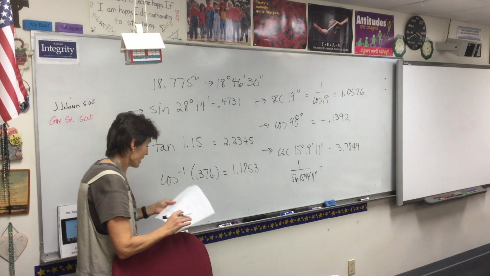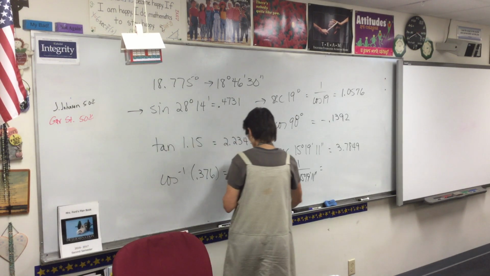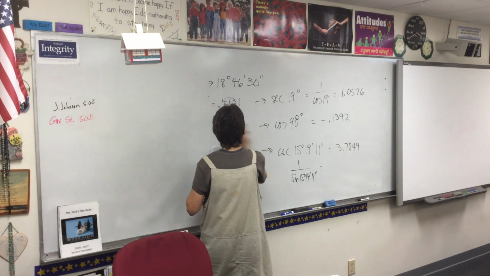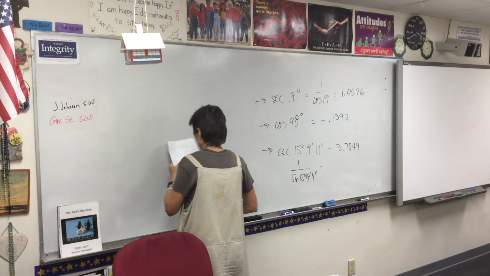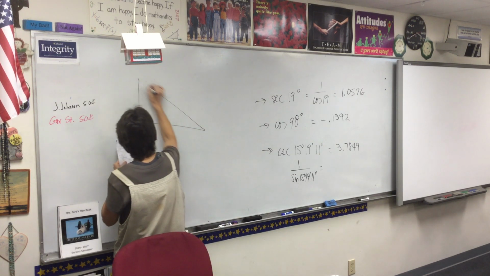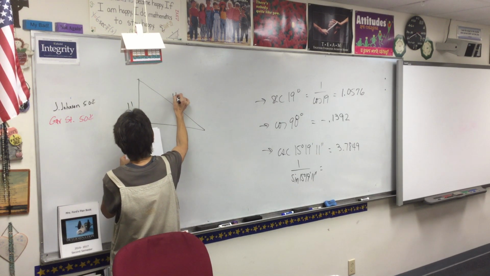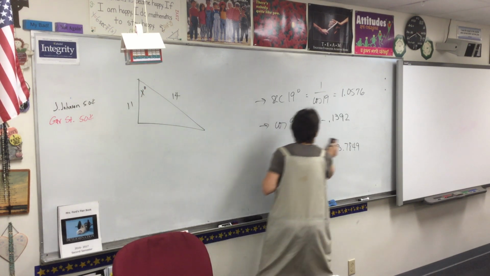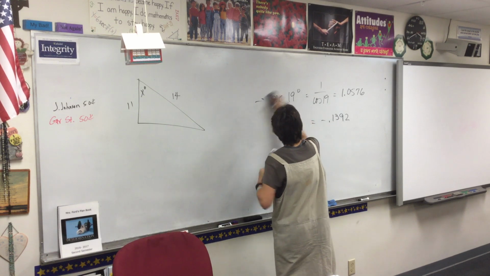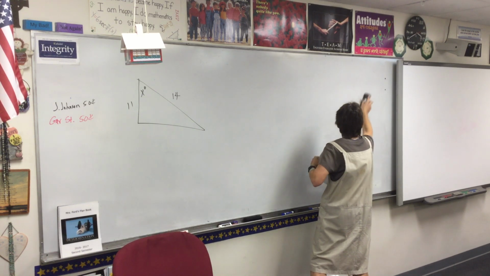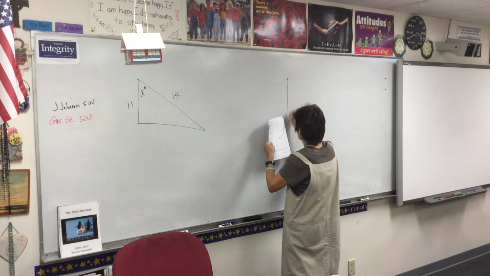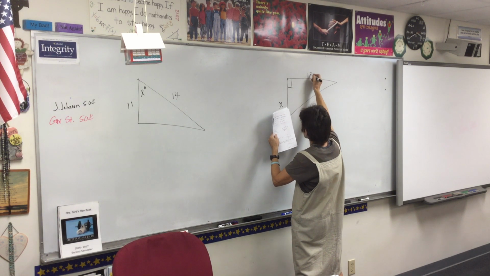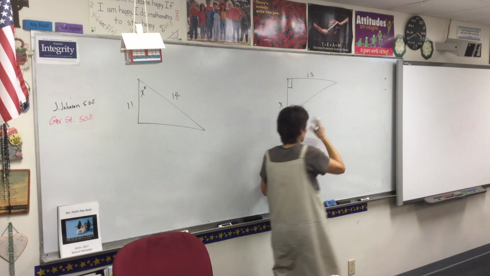Okay. So now we've got some regular little triangles drawn, and we're going to find some missing parts. These are kind of like the word problems, except the picture's already there.